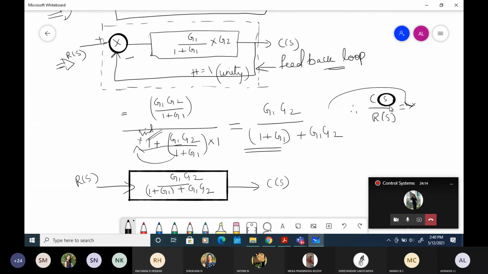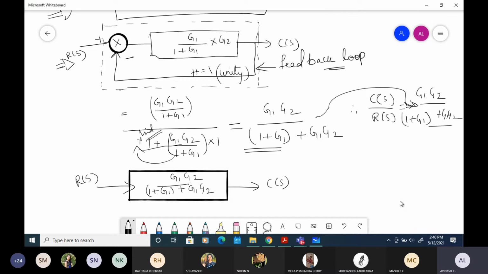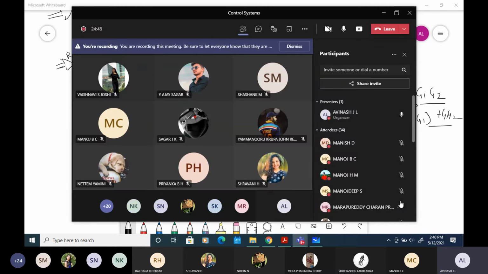Take this and copy it here. So it will be G1 G2 divided by 1 plus G1 plus G1 G2. Do you have any doubt in this particular numerical, any one of you?